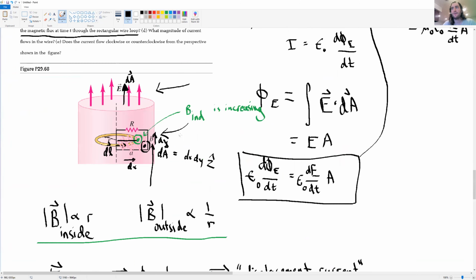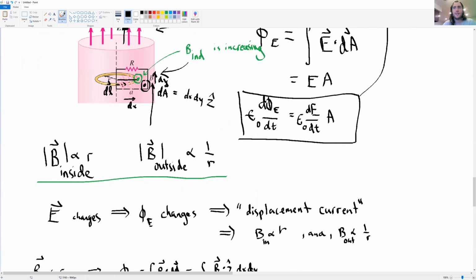So we get that by the fact that B depends on dE/dt, right? So B is proportional to R, but B also depends on time from this expression right here. So that's maybe something you need to keep in mind. But remember that the time dependence just rides through all the integration.